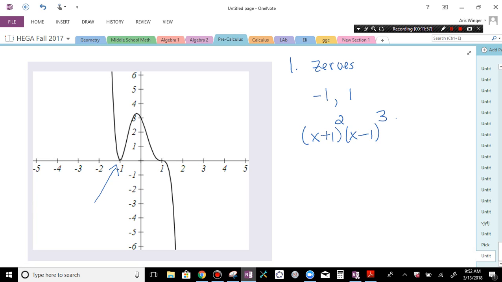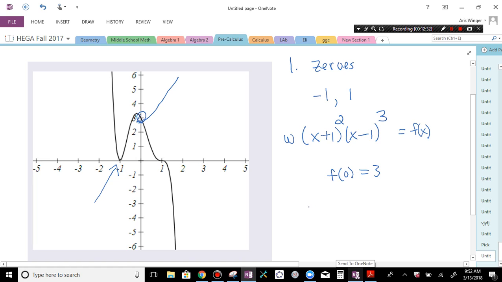And then, of course, there's one more hidden assumption that we have here, and that is that for some reason at 0 it's 3. So there's omega again. Here's the function, and at 0 I need it to be 3. F of 0 is 3. And so when I plug in 0, I better get 3.